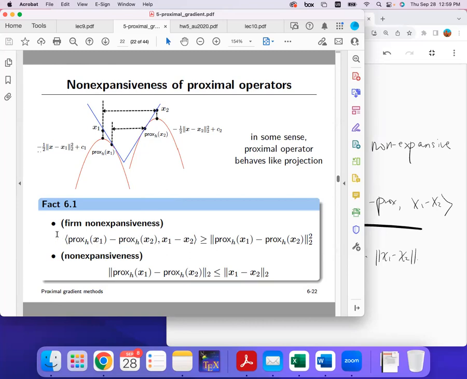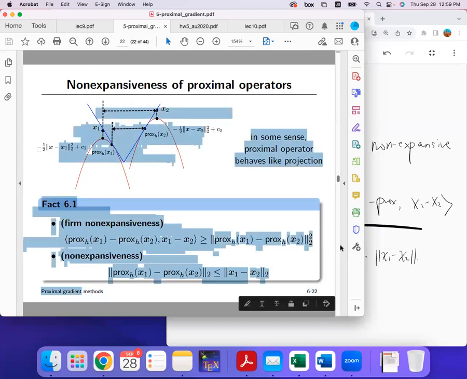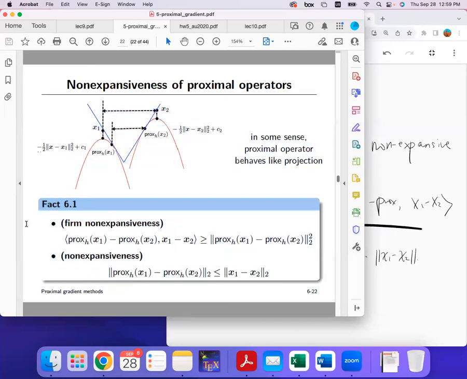And in this firm non-expansive property, we can tell that this dot product is bigger than or equal to some positive number, but the right hand side is something positive, which means that after the proximal operation, this difference vector is still positively correlated with your previous vector, x1 minus x2.